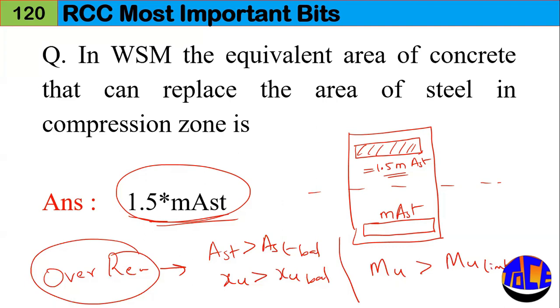In over reinforced sections, the concrete fails first, whereas in under reinforced sections, the steel fails first. You will have a sudden failure in over reinforced, and a gradual failure in under reinforced.